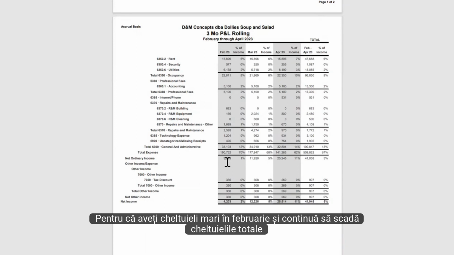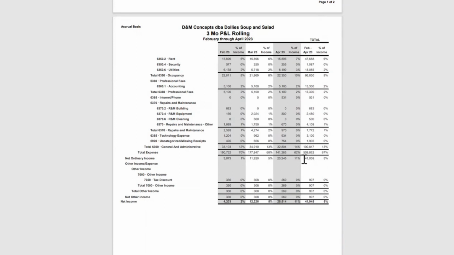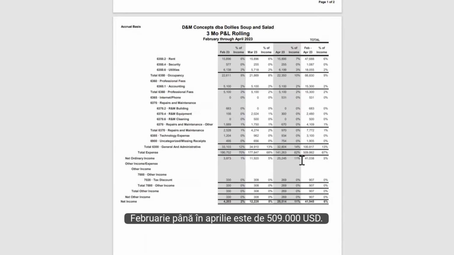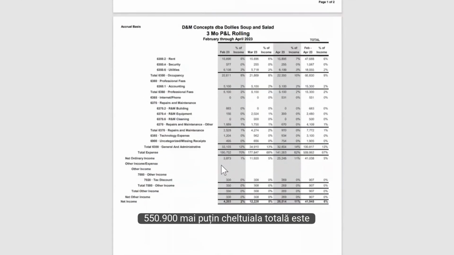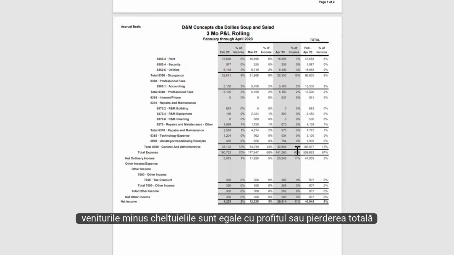Because you have high expenses in February and it keeps going down. Your total expenses February through April was $509,000. Now, you take your revenue, your gross profit, 550,900, less your total expenses, 509, and you have a net ordinary income. Remember, revenue minus expenses equals your total profit or loss.